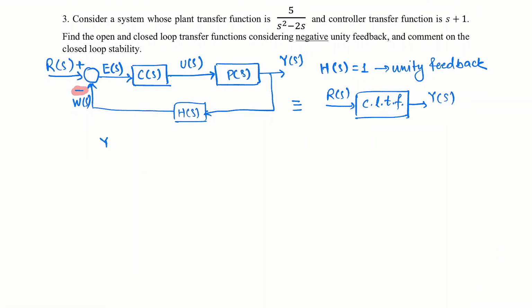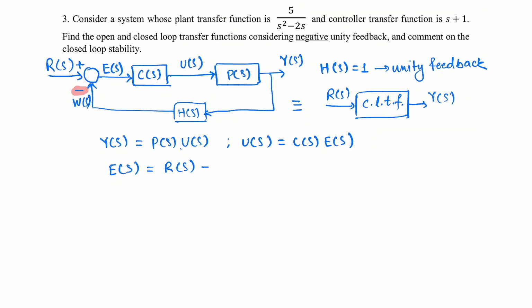Y of S is equal to P of S into U of S. This U of S is coming from the controller, so U of S is essentially C of S into E of S. The error term E of S is reference minus the feedback, and the feedback is a function of the output and the feedback transfer function H of S. So this would become R of S minus Y of S into H of S.